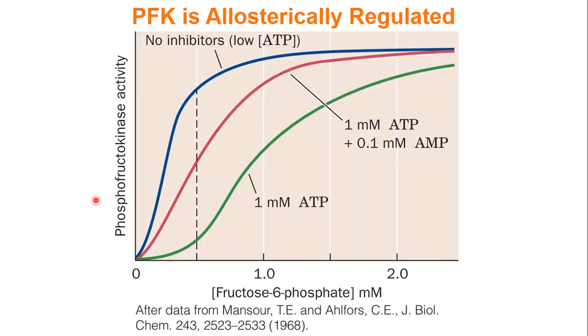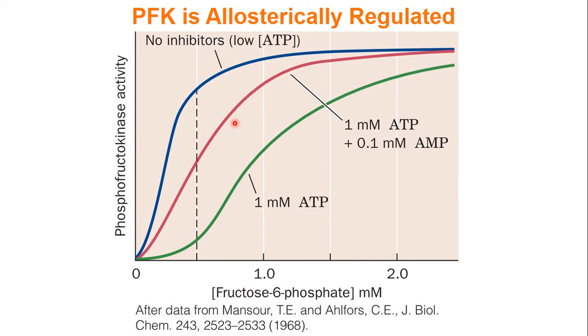Alright, if we look at the speed with ATP and AMP, you can start to see how these regulators work. With no inhibitors, at low ATP, activity is incredibly fast, even at low amounts of fructose 6-phosphate. If you add ATP with some AMP, the rate slows down now because you've added ATP.